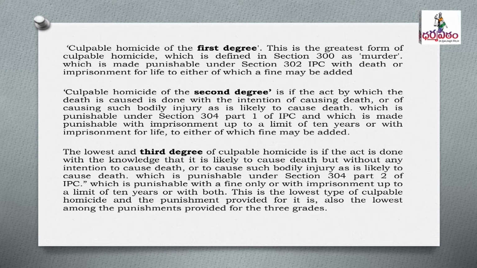These two fall in section 299A and B. Section 299A deals with the intention to cause death. B deals with intention to cause bodily injury as is likely to cause death. They are punishable under 304 part 1 of the Indian Penal Code. What is the punishment? Life imprisonment or imprisonment up to 10 years, to either of which fine may be added.